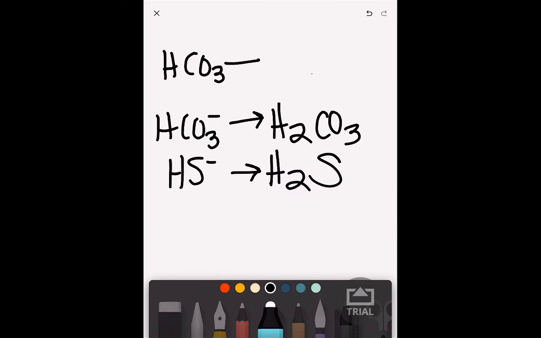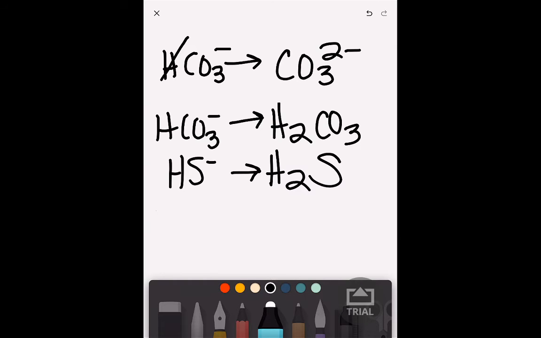Here we showed it gaining a hydrogen ion, but it has a hydrogen ion that it could lose also. If it lost a hydrogen ion, that would go away. It would become more negative by 1, and it would become CO3 2 minus.